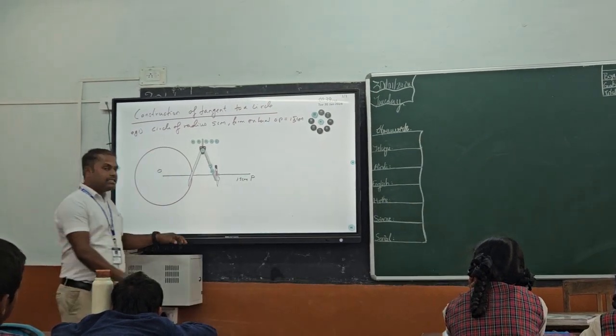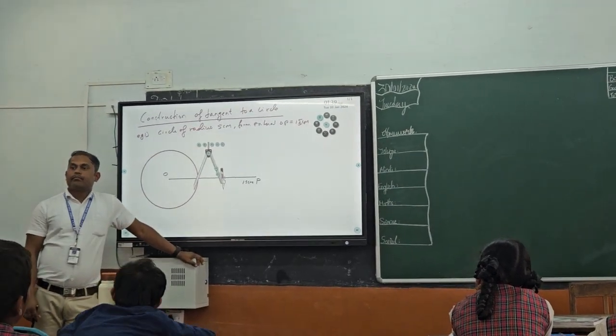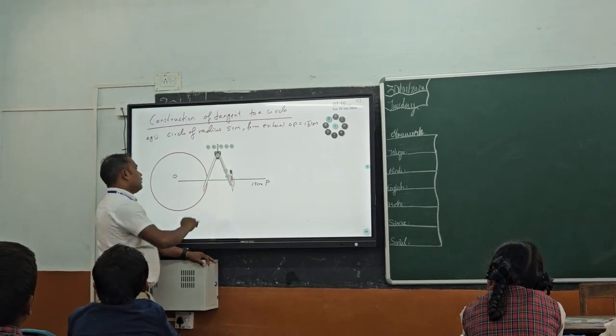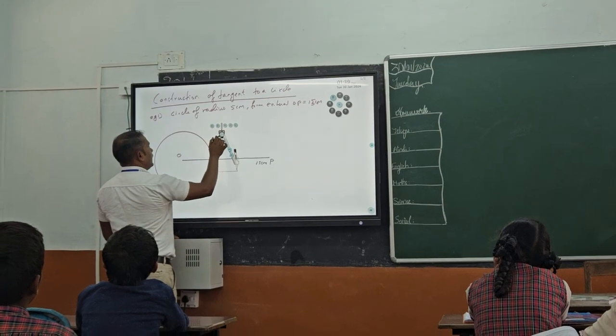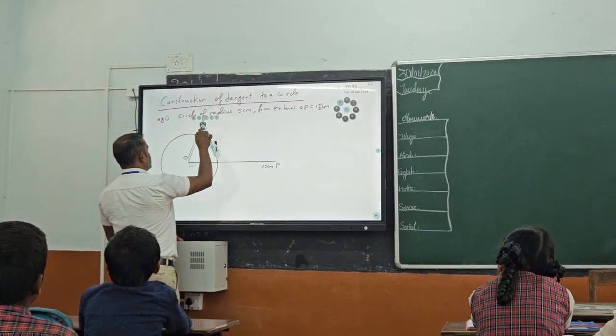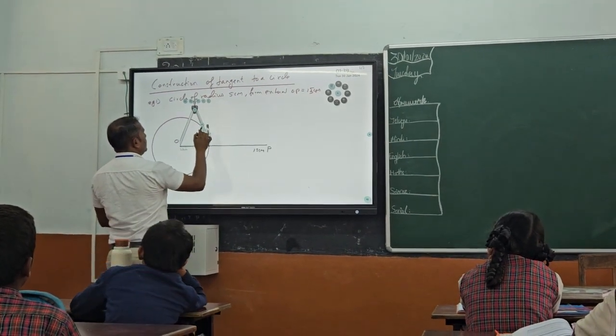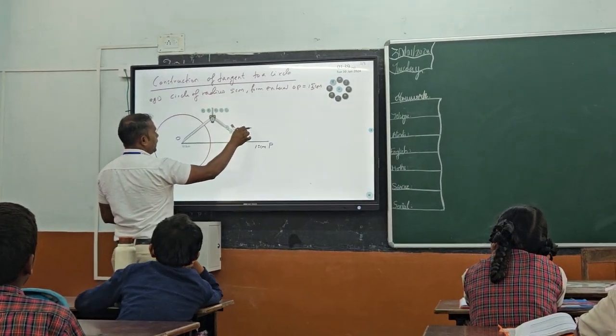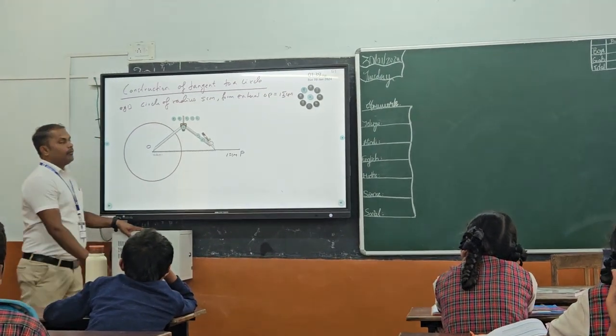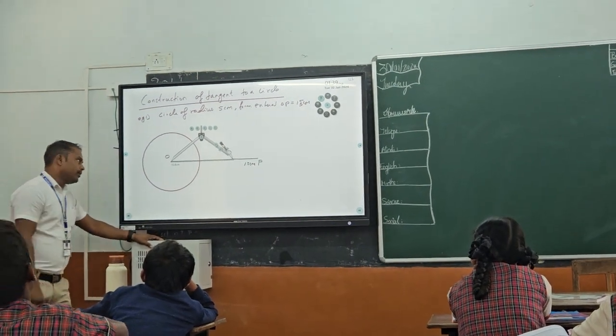Now bisect the length OP. What is the meaning of bisect? Divide into two equal halves. Means you have to bisect. For that, take more than half of OP.